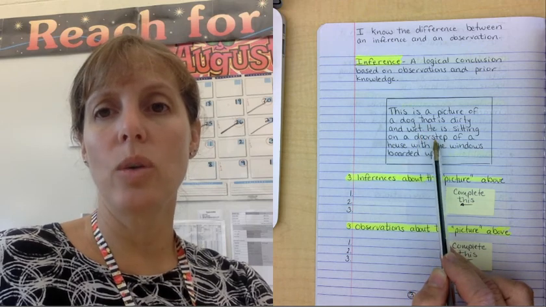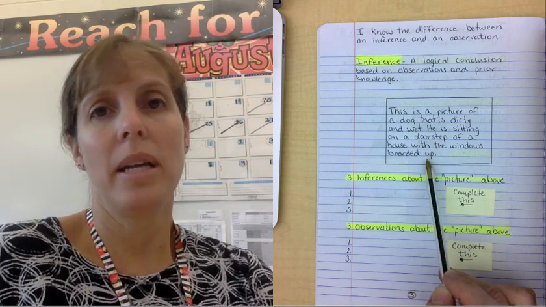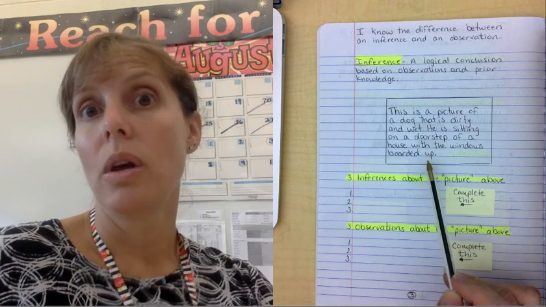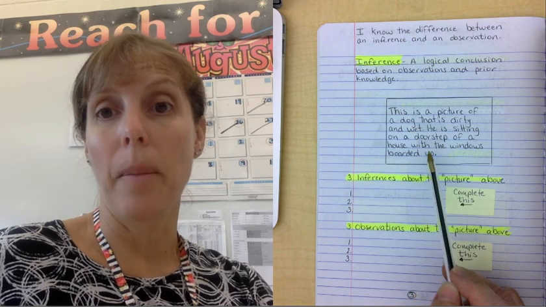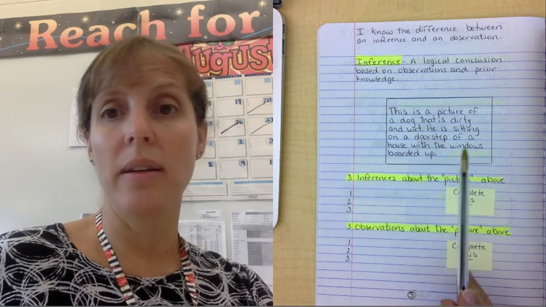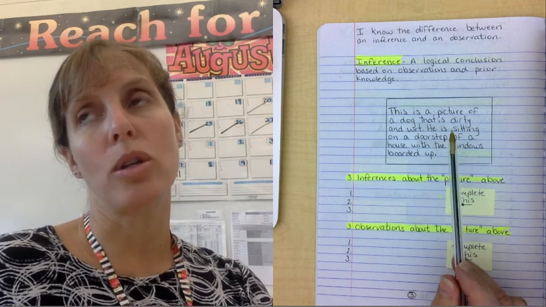He is sitting on a doorstep of a house with the windows boarded up. So that means that there are no glass windows available because all the windows are boarded up. Okay, the dog is dirty and he's wet. He's sitting on the doorstep of a house. So use your imagination and kind of put that picture in there.